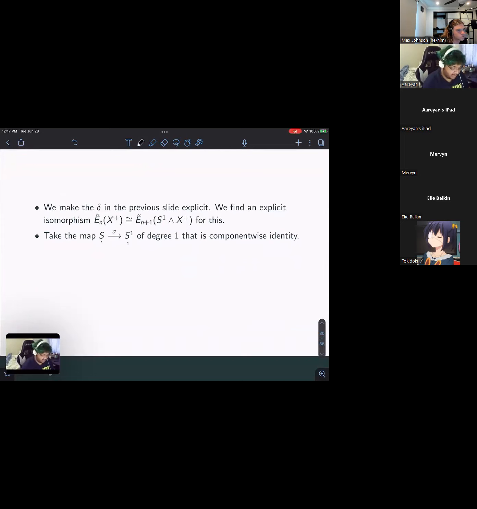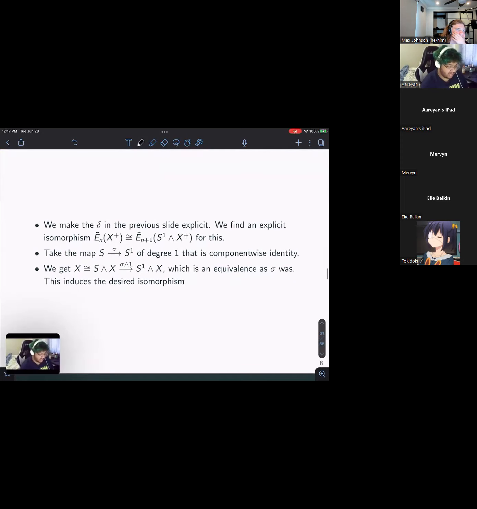The sphere spectrum is just S0, S1, and so on, with the obvious characteristic maps, and the S1 spectrum is S1, S2, and so on. The degree one map is just the obvious map, where you send S1 to S1, S2 to S2, but you have to shift it by one, and it's component-wise identity.